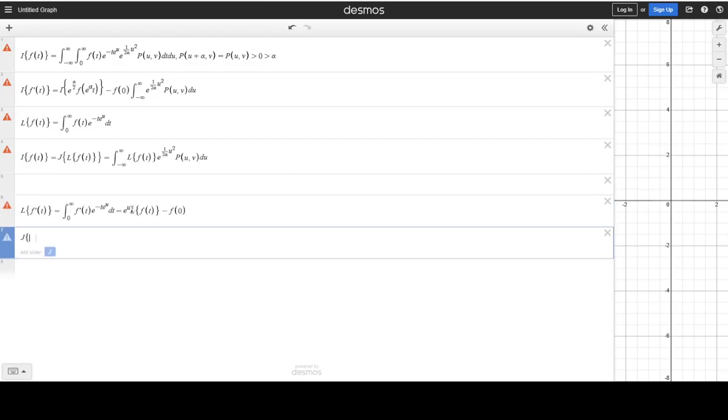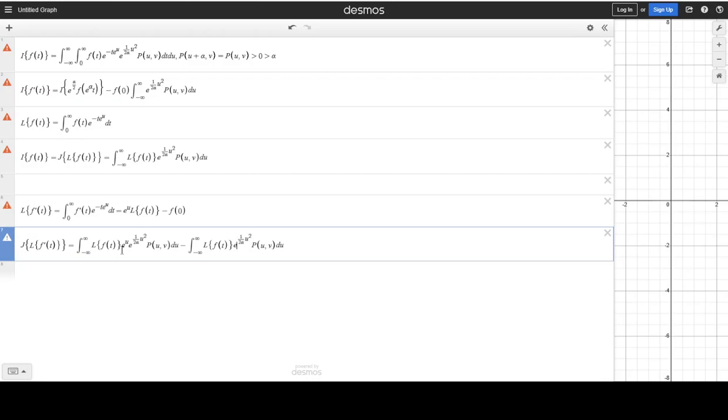Now J L f prime of t is going to be equal to the integration of e to the power of u, minus f of 0. We can bring the f of 0 out.